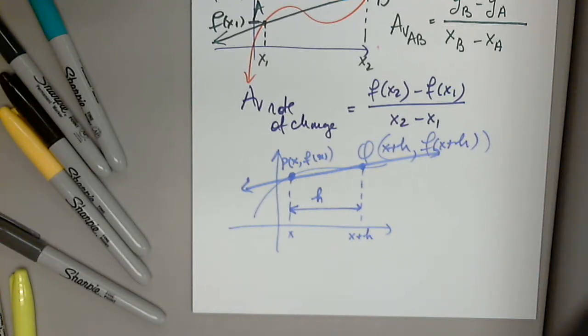So that's what we discussed a long time ago, and this is the average rate of change of this function between P and Q. Same idea. Everything the same.